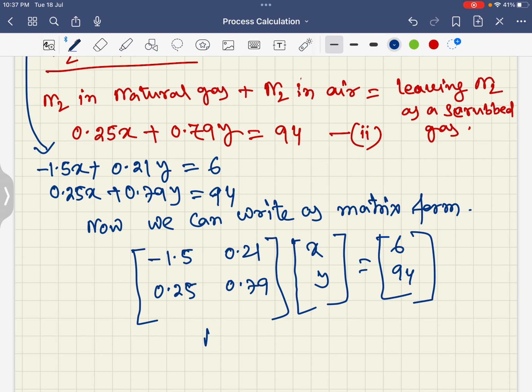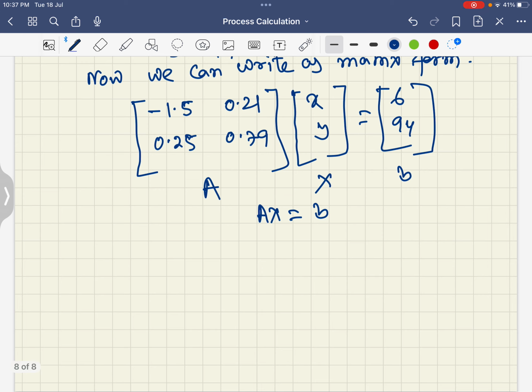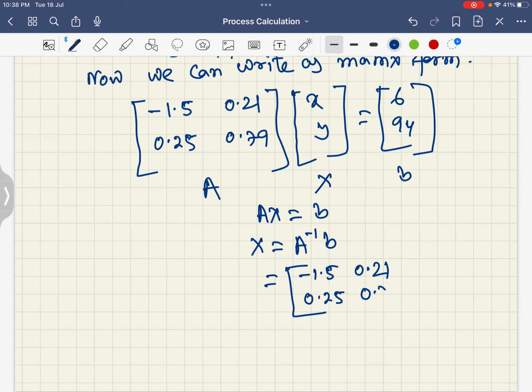That is A, that is X, that is B. Now we can write it in the form AX equals B. Now X will be A inverse times B, so the inverse of the matrix with minus 1.5, 0.21, 0.25, 0.79, into B, 6 and 94.